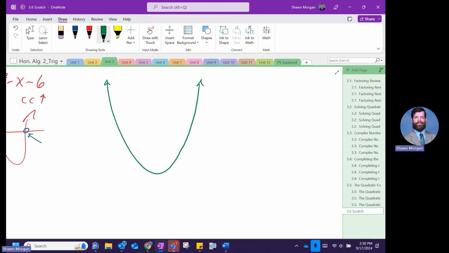Ooh, that's a nice parabola right there. Look at that, that is pretty. So there's the curve, aka the parabola, and this is its axis of symmetry.